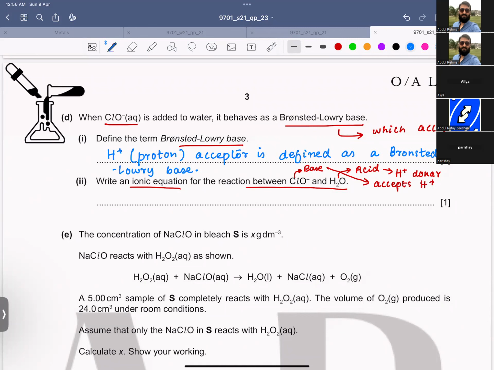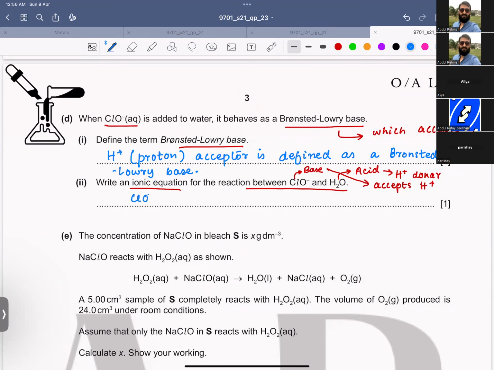Okay. So if I write the equation, I will write ClO negative plus H2O. When water behaves as an acid, it releases the H positive ion. So the remaining species is OH negative ion. Now the H positive ion that is released by water is gained by ClO negative.